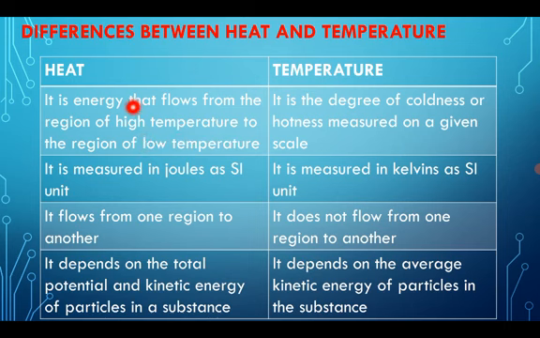So for heat to exist, there must be two regions which are at different temperatures. One region is at a higher temperature than the other. In other words, there must be a temperature gradient for this energy called heat to flow. Suppose we have two bodies in thermal contact, and one body is at a higher temperature than the other, then heat is going to flow from the body at higher temperature to the one at lower temperature.